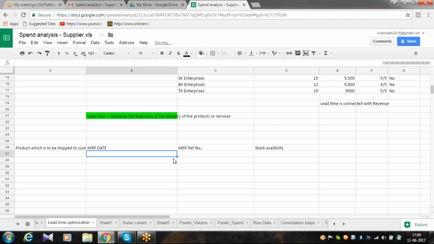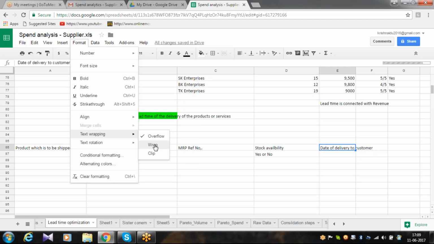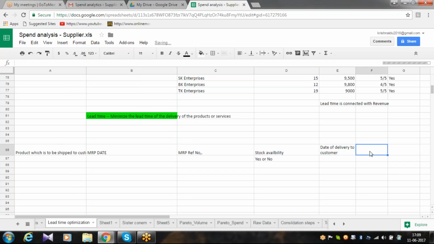It will be yes or no. Then the date of delivery to the customer, and on this date we have to deliver the product to the customer. Then the supplier.